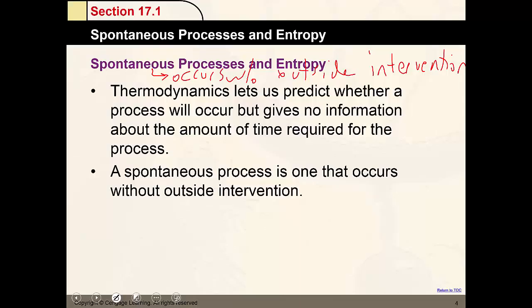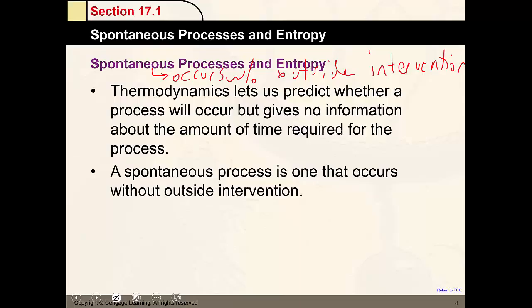Some examples of spontaneous reactions, or examples in everyday life, are a ball rolling down a hill. A ball spontaneously rolls down a hill, but it does not spontaneously roll back up. Or a car rusting, the steel on a car rusts over time, and then it doesn't just magically unrust, it doesn't spontaneously do that.